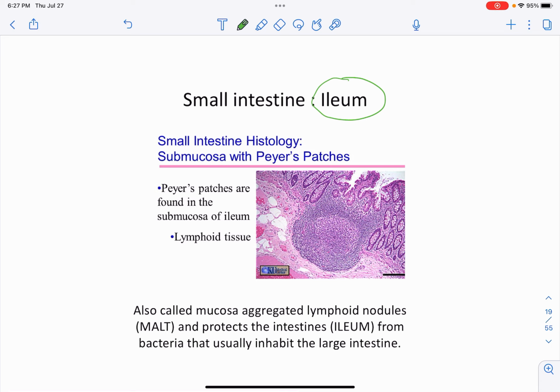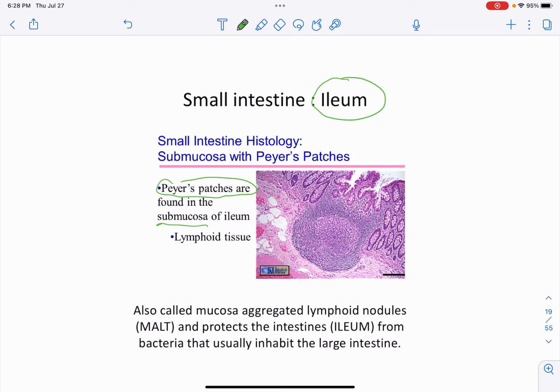The jejunum is just going to look like your typical small intestine, like some of the features that you saw on the previous slide. But the ileum is going to have something called Peyer's patches. Peyer's patches are found in the submucosa of the ileum, and this is part of the lymphatic system as well.